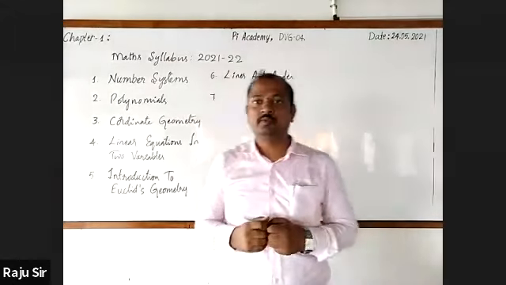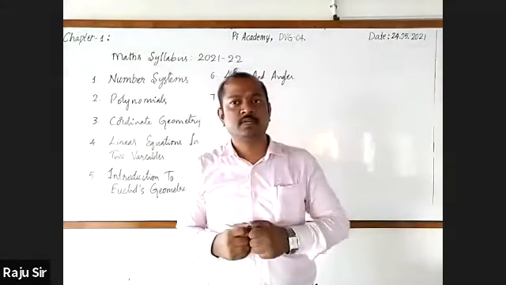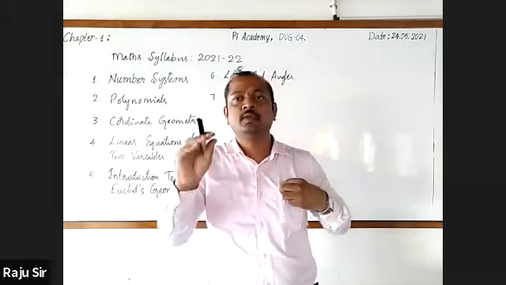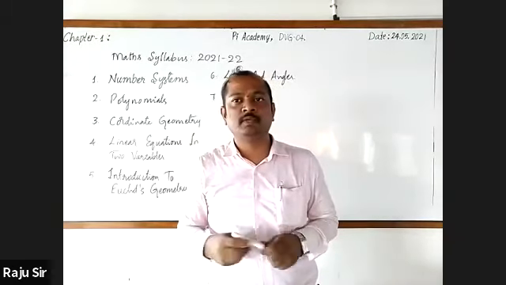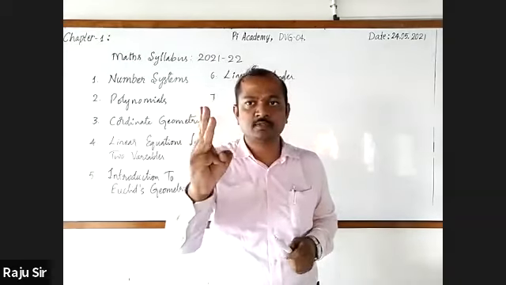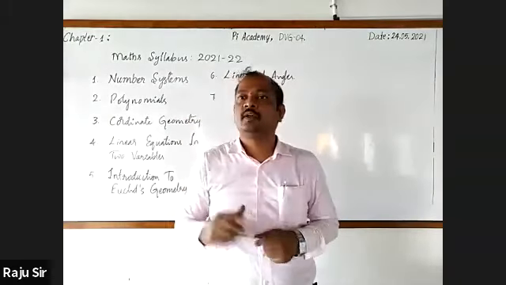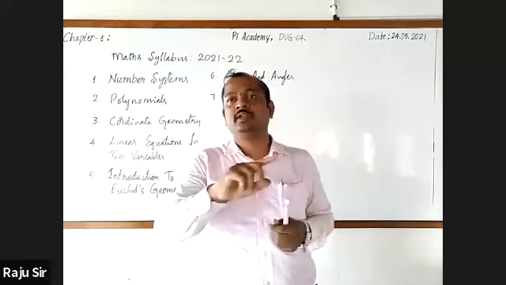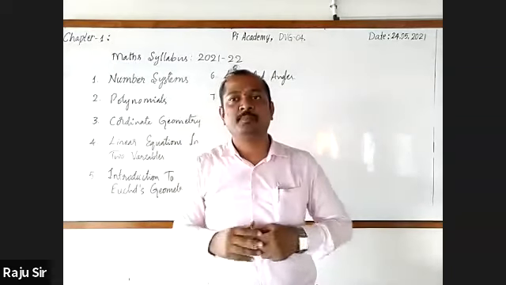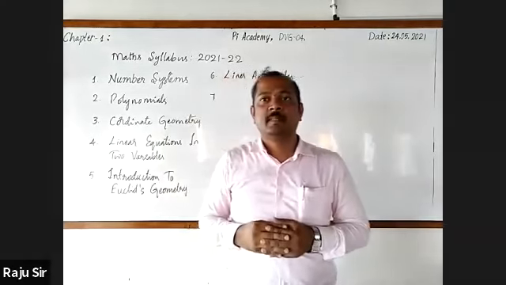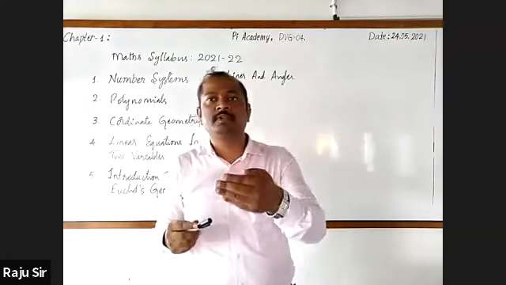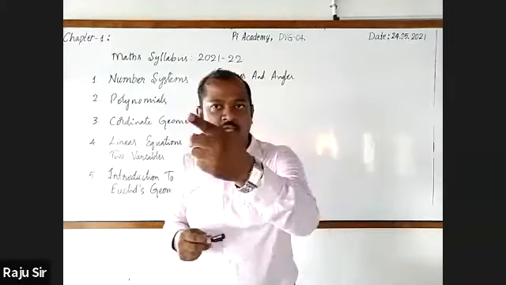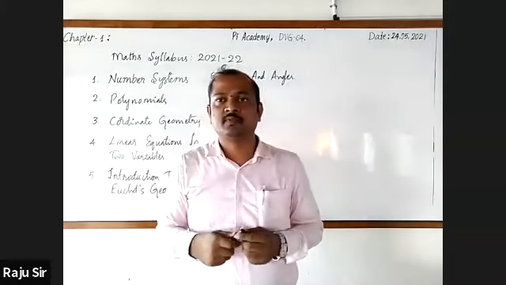Now, the seventh one. Dear students, do you know the geometrical figure which is bounded by three line segments only, or a geometrical figure which is formed by joining any three non-collinear points? I have been giving you the information by taking your previous year knowledge. Those who are on the line, you can answer.